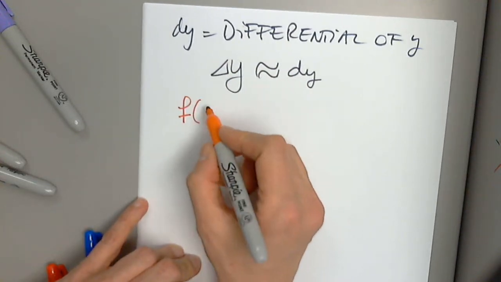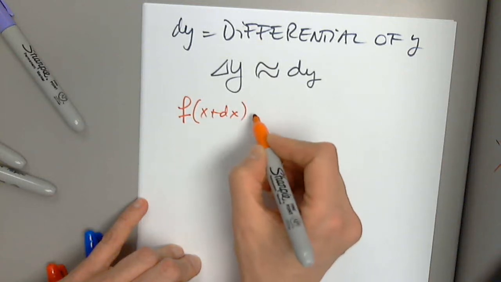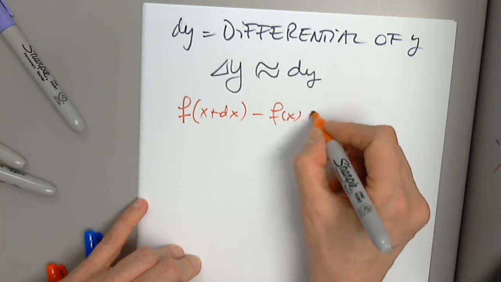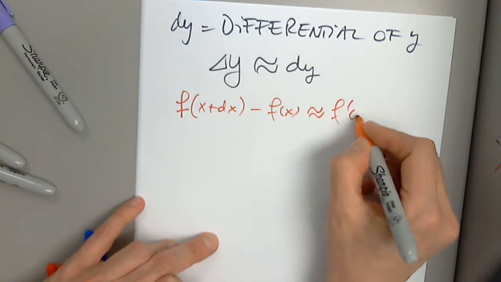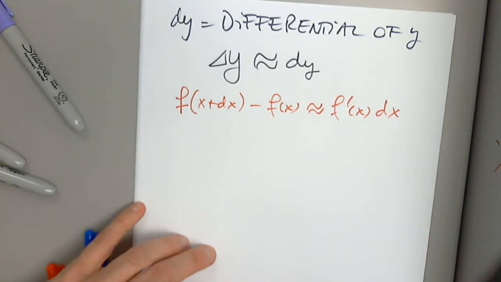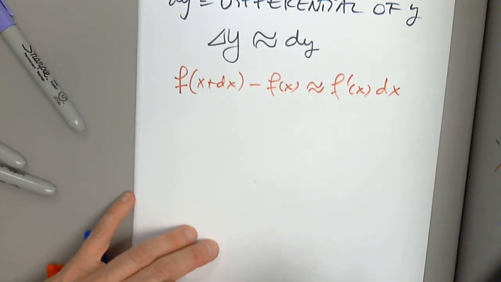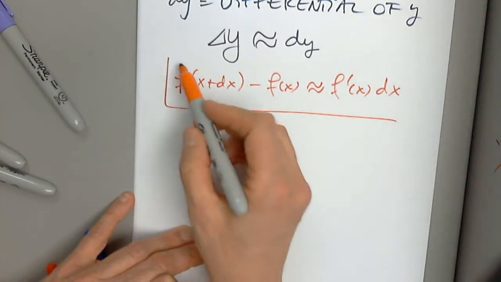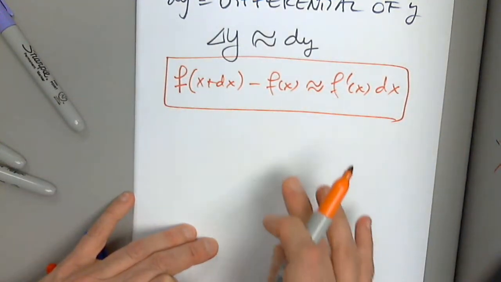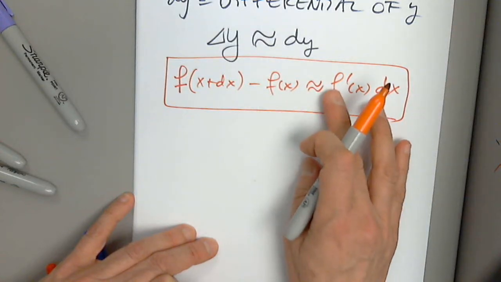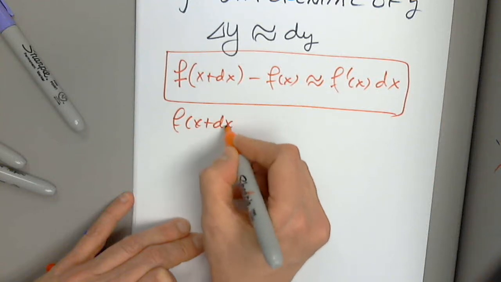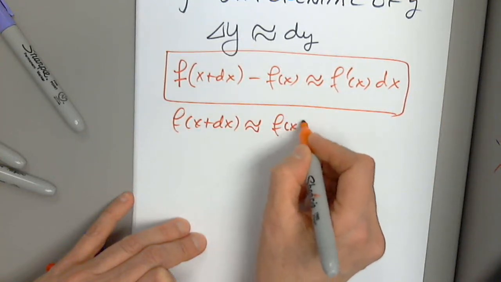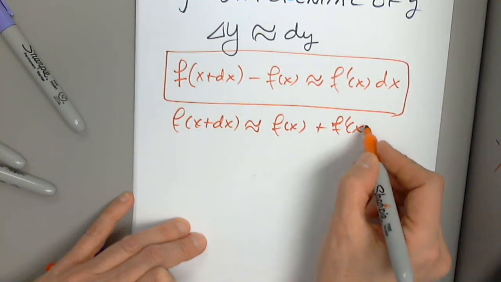F of x plus dx minus f of x, and the right-hand side, f prime of x dx. Now, this is extremely important. And one more step, I'm going to move f of x to the other side of the squiggly symbol. F of x plus dx is approximately f of x plus f prime of x dx.